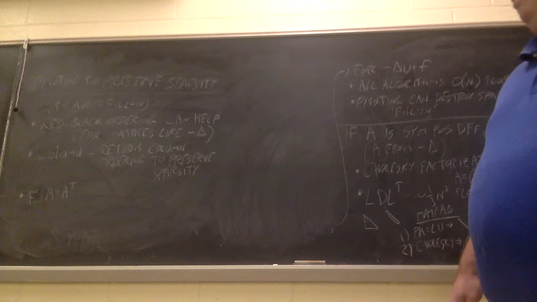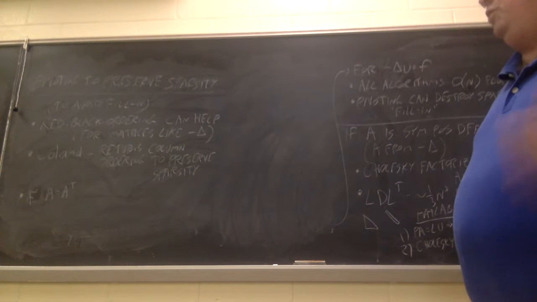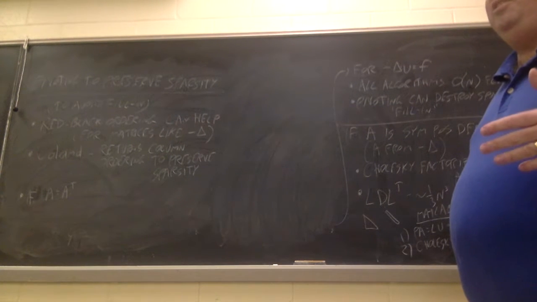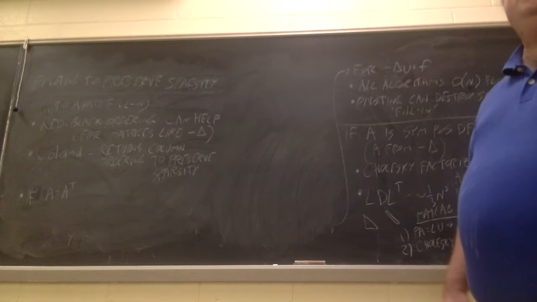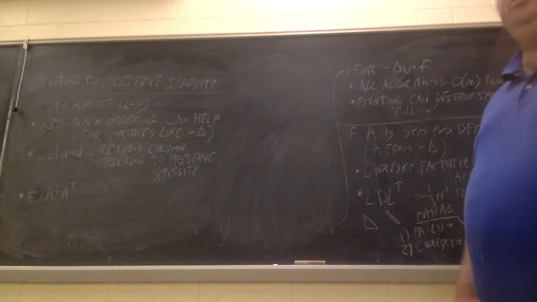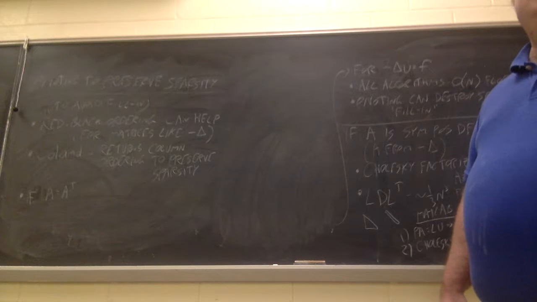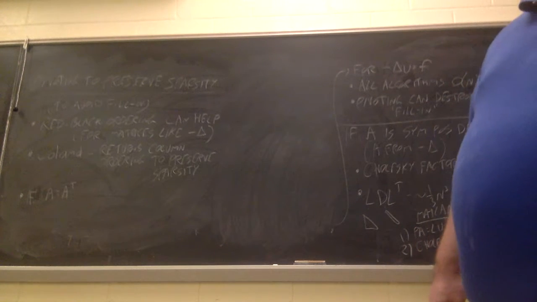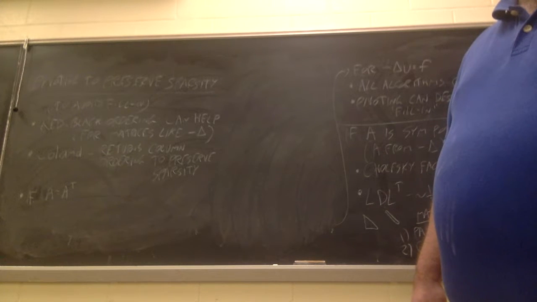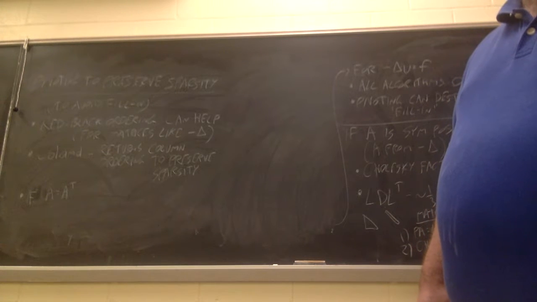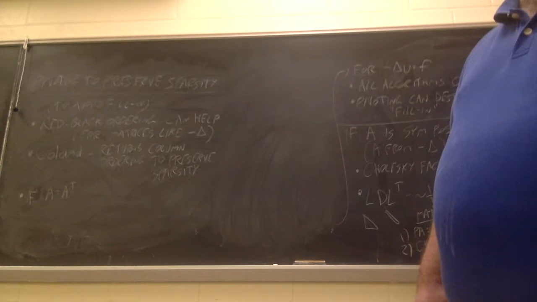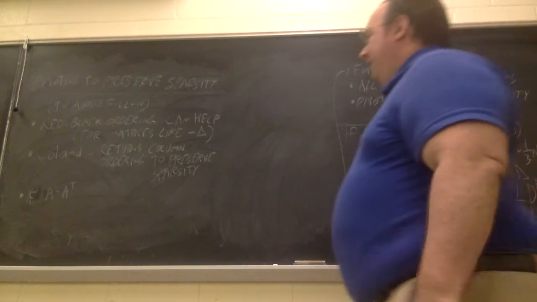How come? What's the really bad thing about rearranging rows of a symmetric matrix? What do I lose by that? If you rearrange the rows in a symmetric matrix, it's not symmetric anymore. Yes, you lose symmetry.